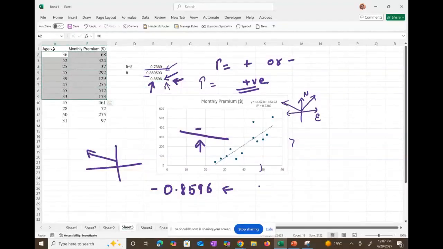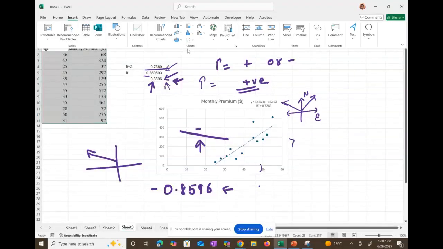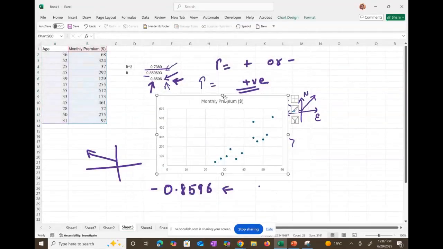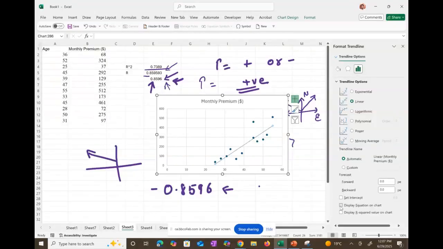Select everything, click on insert, select this chart and press OK. I have this brand new chart in front of me, and then I can select the trend line, and on top of that I can select the R square value and the equation of the line. And these are the two things I have now.